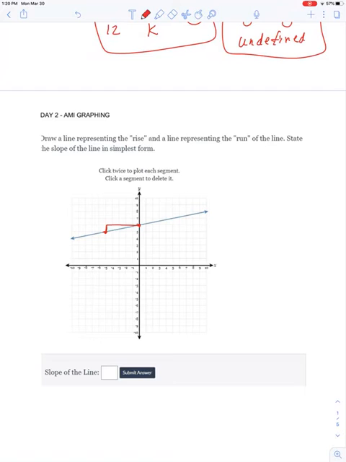So you actually have to click on the graph to calculate this, and then state the slope in simplest form. Well, I went up 1, and I went over 1, 2, 3, 4, 5. So if it's rise over run, I went up 1 over 5. Remember, this is up and down, and this one's side to side. But you have to do this part on your graph, or it won't let you.